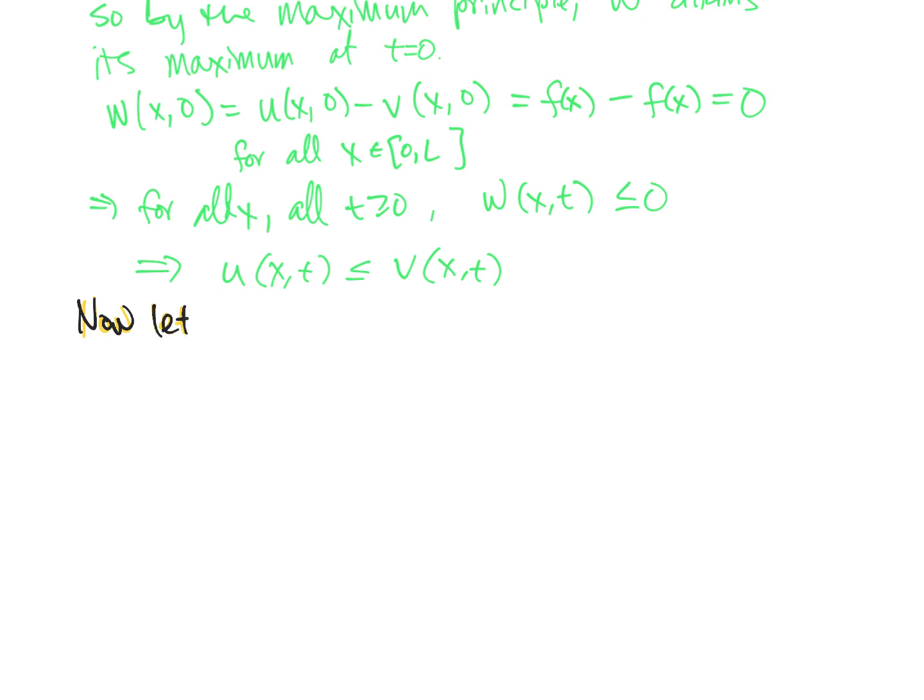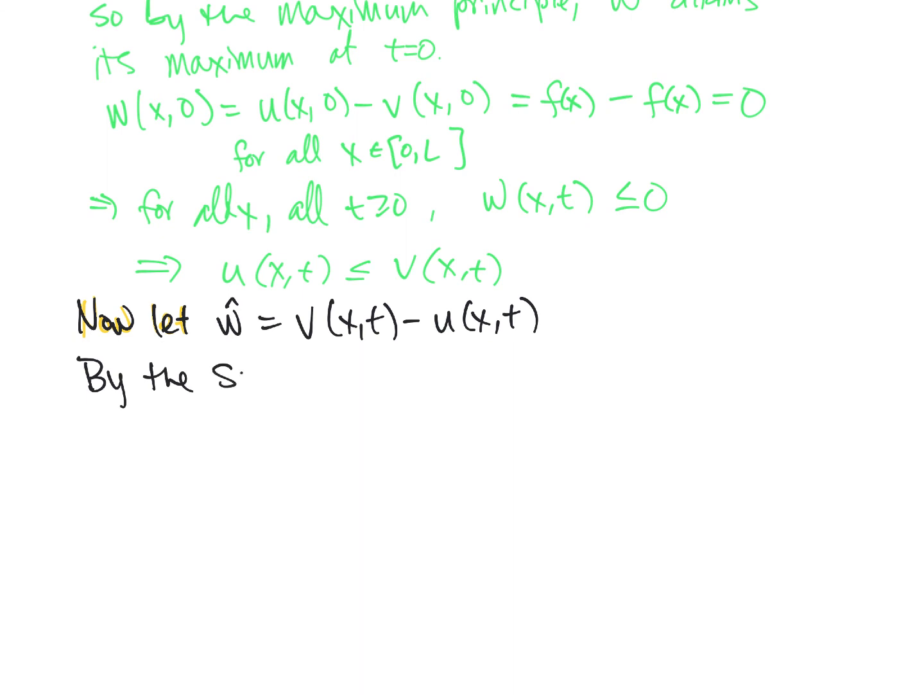Now let, say, w hat equal v of x,t minus u of x,t. And by the same argument, we have that w hat is a continuously differentiable solution to the boundary value problem, and we have the maximum principle.